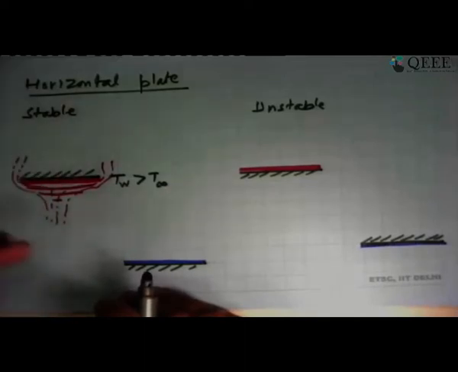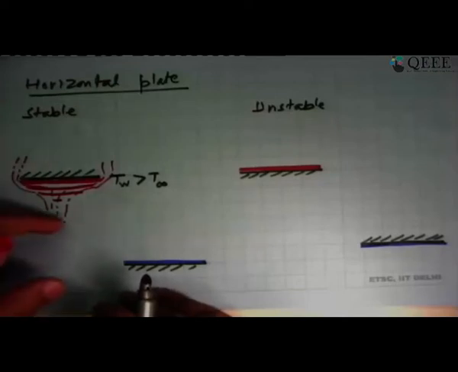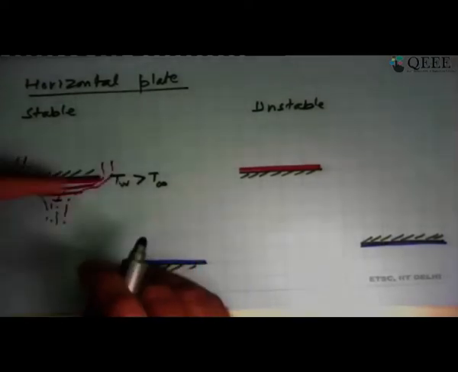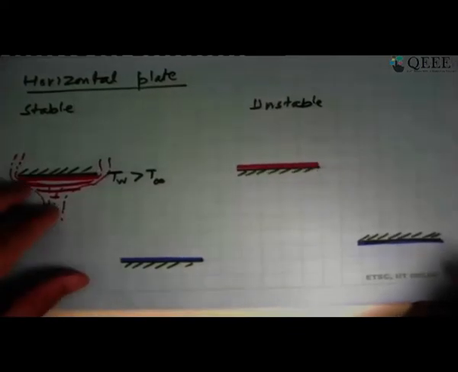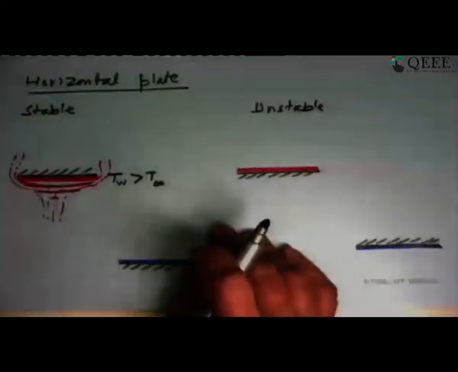So you have isothermals developing parallel to the plate. That's the fluid flow direction, and then you can see what it is. These velocities are relatively small, and then it depends on what sort of temperatures we are looking at. So this is a stable flow condition. It will remain like that for all times.